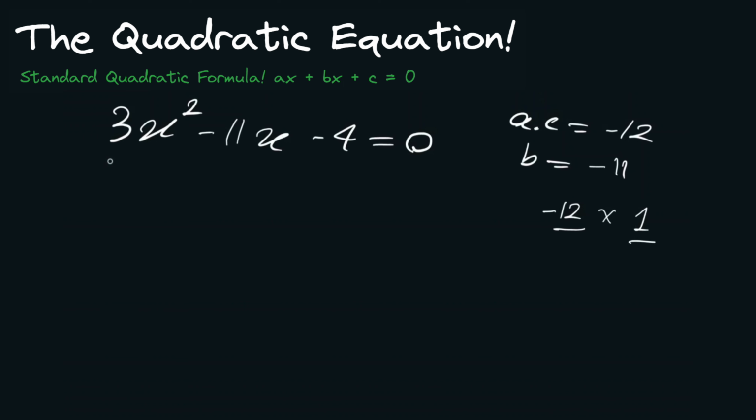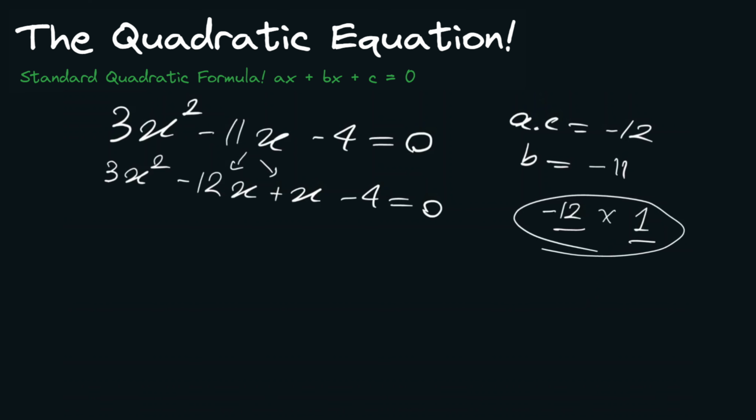We have to rewrite this equation as 3x squared minus 12x plus x, which is plus 1x, minus 4 equals 0. We just rewrote 11x into the two parts that we found over here.